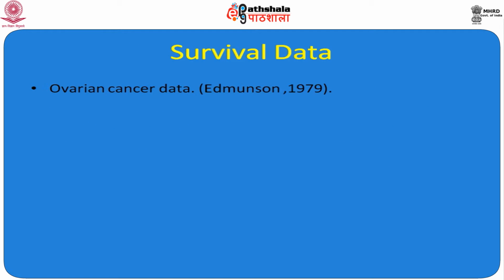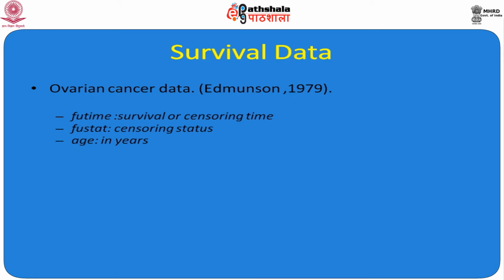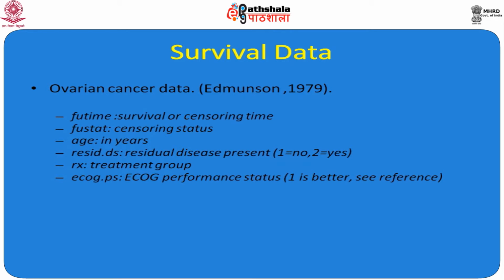Here is the data, survival data on an ovarian cancer study published by Edmondson in 1979, where the observations are time, that is survival or censoring time, status, that is censoring status, age in years, residual.ds, residual disease present or not, Rx, that is treatment group, and ECOG.ps, that is ECOG performance status.